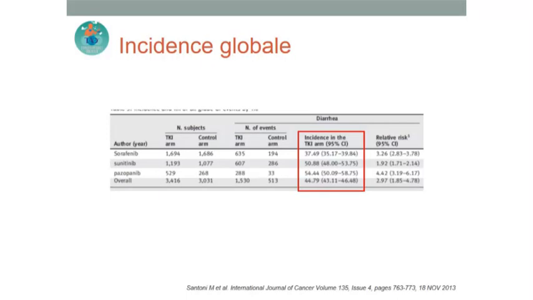If we look at all the trials for VEGF TKI inhibitors, and at the incidence of diarrhea for some molecules, it's between 35, 50, 54%, so it's fairly high.